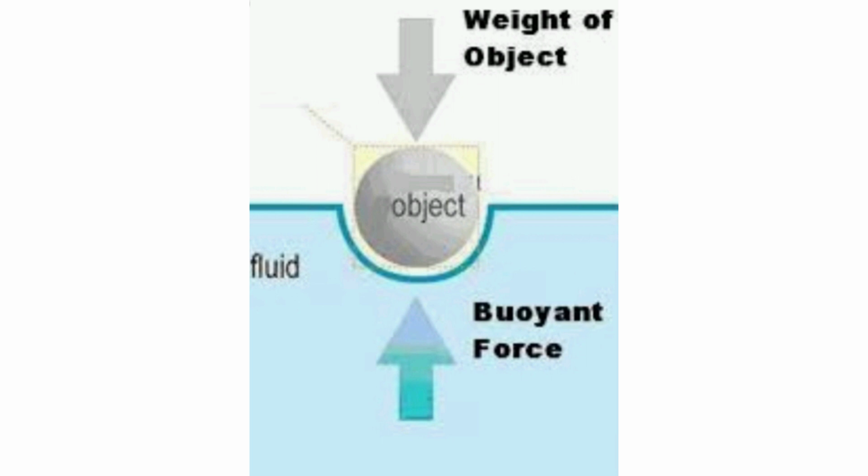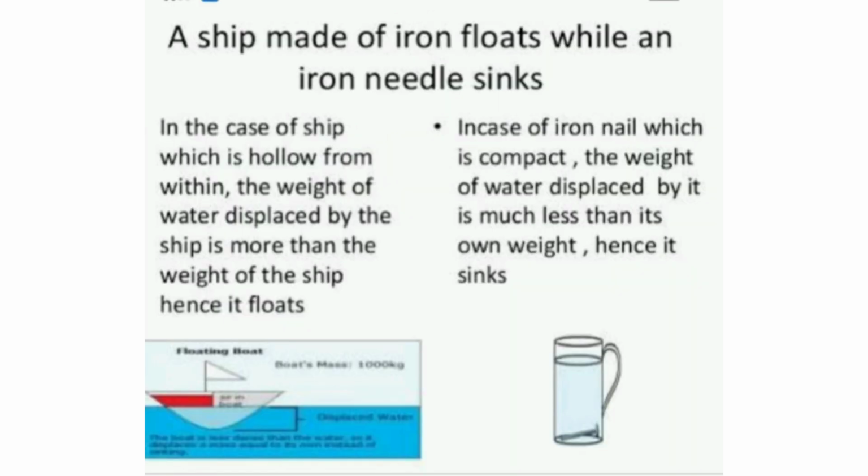Today, we are going to study the application of flotation based on density and buoyancy. Why does an iron needle sink in water but a huge ship made of iron floats in water?